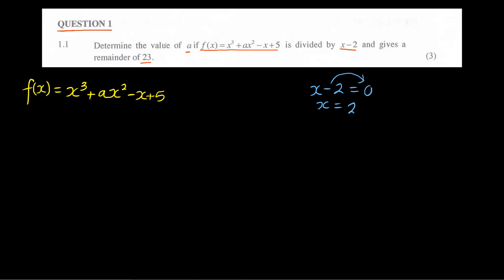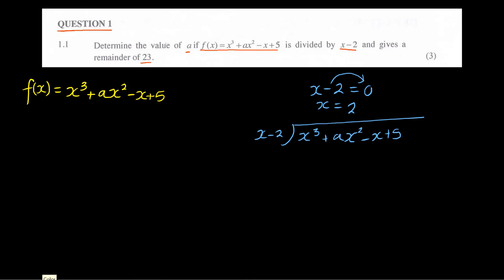So in other words, when we are saying f of x is divided by x minus 2, in the long division way, you are supposed to write it like this, where you have got x minus 2 dividing x cubed plus ax squared minus x plus 5. That is actually what you are having, but that's not how you are going to be solving that.